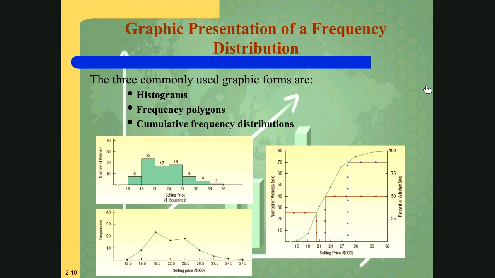When you're looking at a line, you have to start thinking. If you're looking at a histogram, the group between 18 and 21 is the highest, and the group between 33 and 36 is the lowest. You already know that immediately.